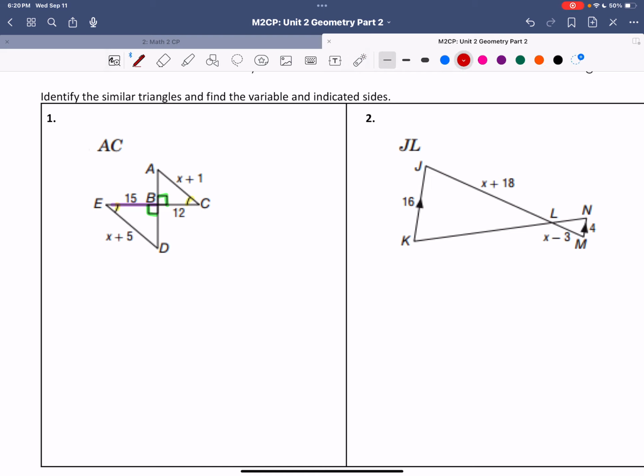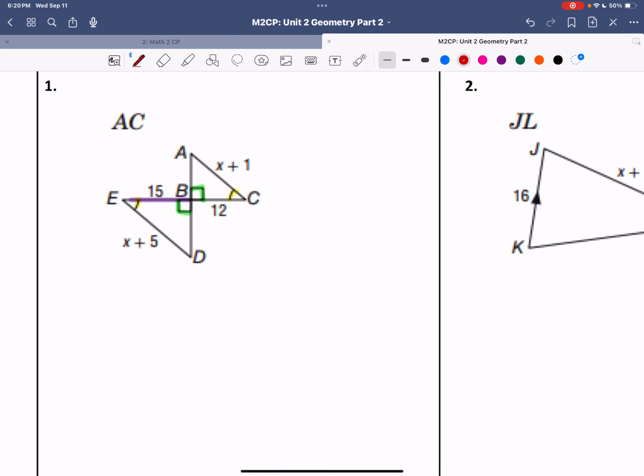Now let's do the backside, or the second part. For this problem, we need to identify the similar triangles and find the variables as indicated. In this case, we are looking for AC, whatever this total length is. First we need to figure out which triangles are similar. Let's say ABC is similar.